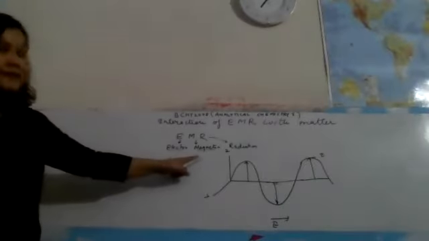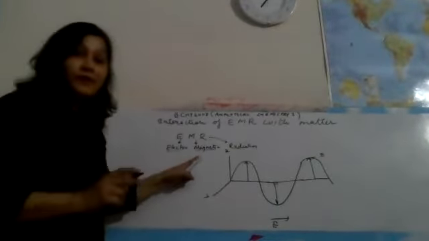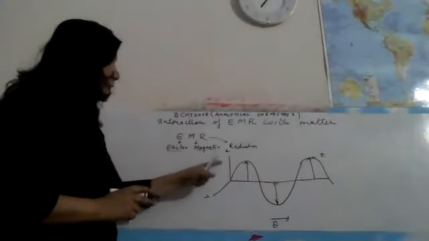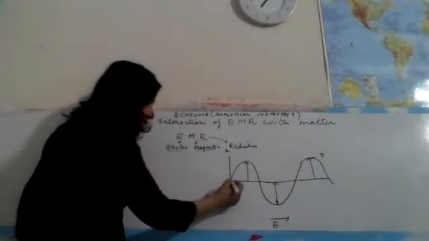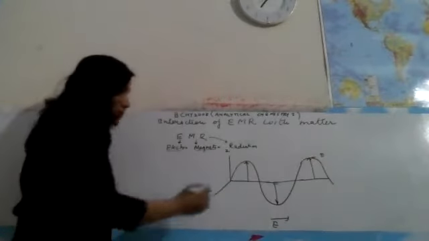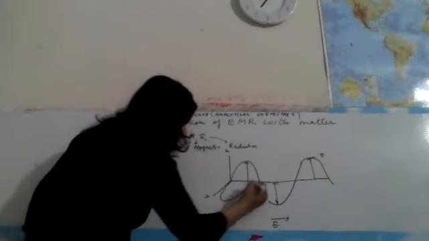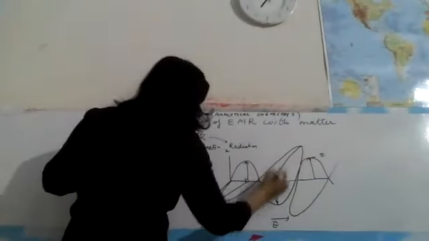Now the second is the magnetic field. That should be perpendicular to the electric field. This is the main point we have to keep in mind. Both fields are perpendicular to each other. So we have to draw this field perpendicular to the electric field like this. And these two fields are perpendicular to each other in this diagram.